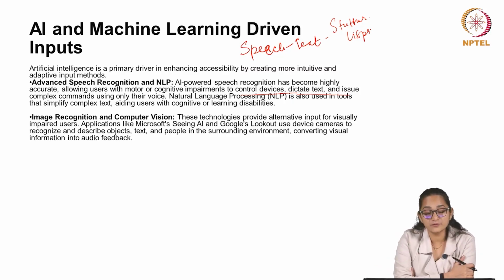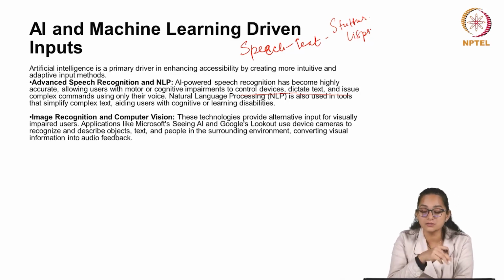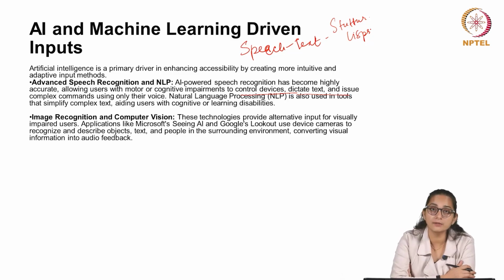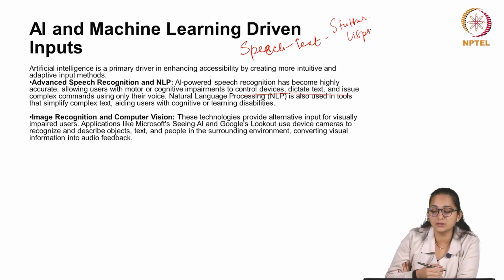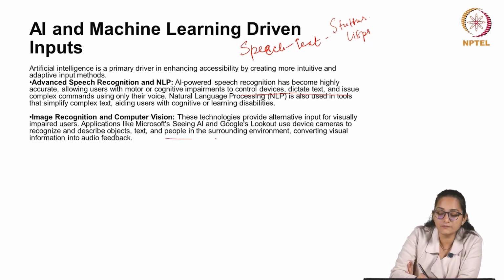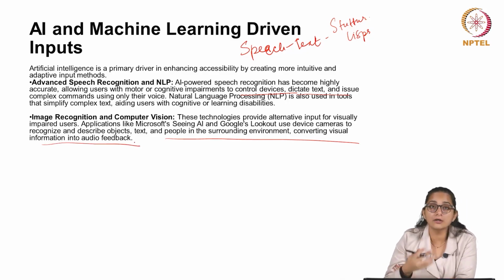The next set of input devices which are driven by AI and machine learning are image recognition and computer vision based models. These technologies provide alternative input for visually impaired users. Applications like Microsoft's Seeing AI or Google's Lookout use device cameras to recognize and describe objects, text, people in the surroundings, converting visual information into audio feedback.